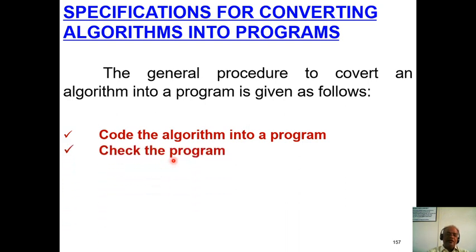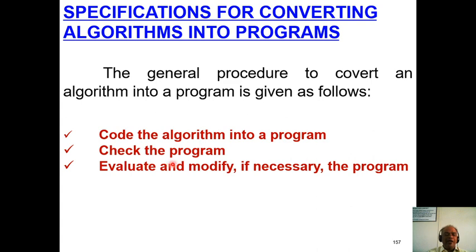Next one is check the program. Here you need to check the program code and make sure that the sample data produces the expected output. You need to check whether it is going to produce the output or not. And third one is evaluate and modify if necessary the program.